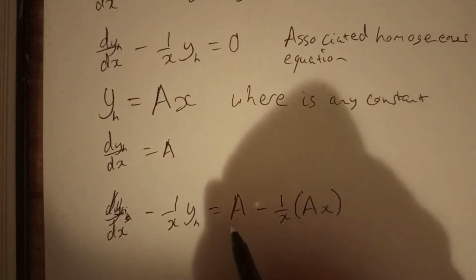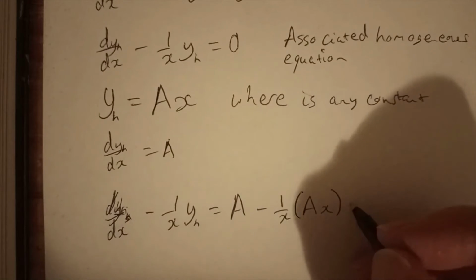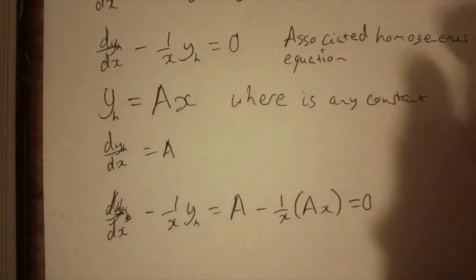The x's cancel, so we're left with a minus a, which is equal to 0. So it solves this homogeneous equation.